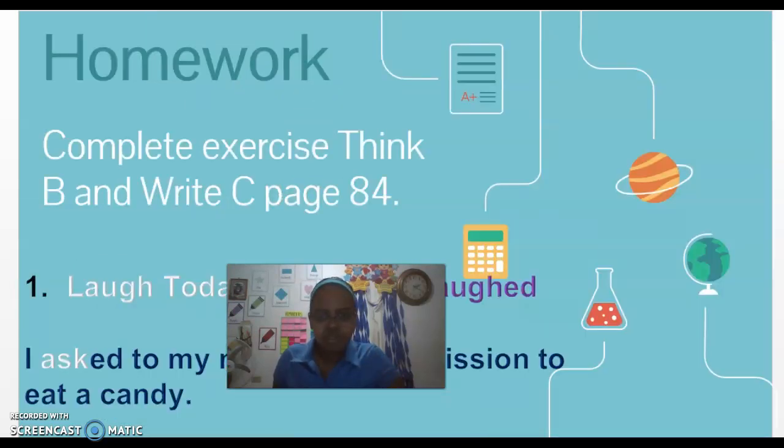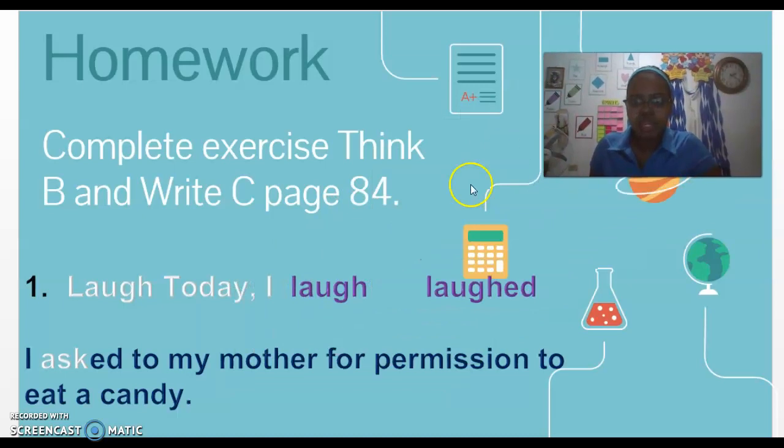So now is your homework time. In your book, you have to complete exercise B and write C from page 84. What you're going to do first in exercise B is write your underlines.